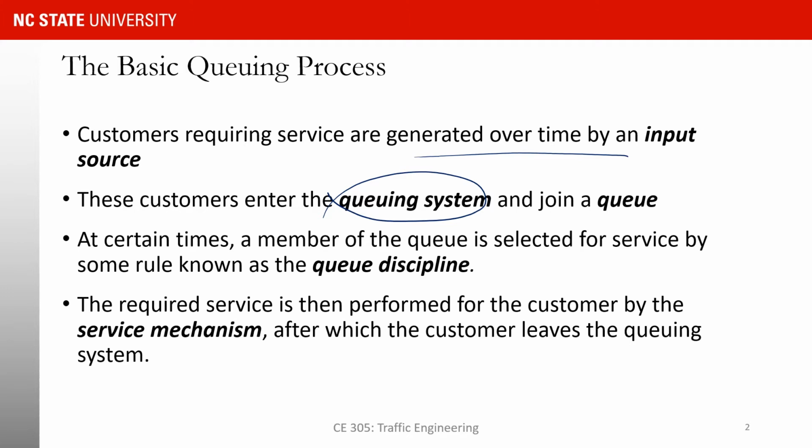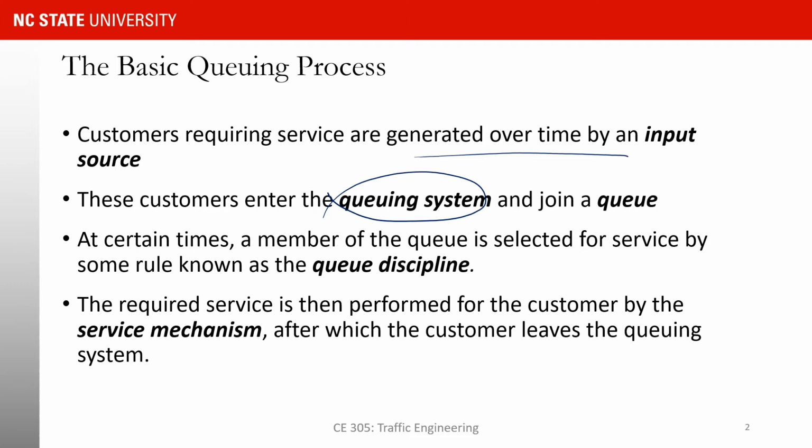So let's say these customers are generated and now they want to enter a queuing system, and a queuing system here could be, for example, a toll booth, it could be a bank teller or anything. So these customers arrive and want to get a certain type of service. The person who provides service selects each of these customers one by one and provides that service.